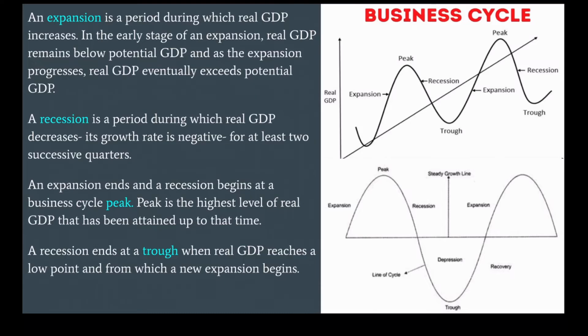An expansion ends and a recession begins at a business cycle peak. A peak is the highest level of real GDP that has been attained up to that time. A recession ends at a trough, when real GDP reaches a low point and from which a new expansion begins. So these are the phases of the business cycle and the relationship between real GDP and potential GDP.